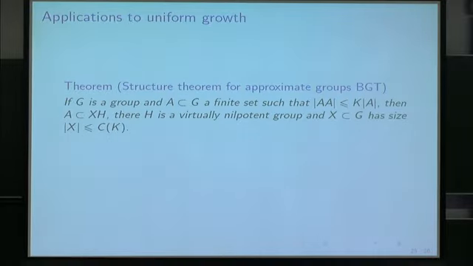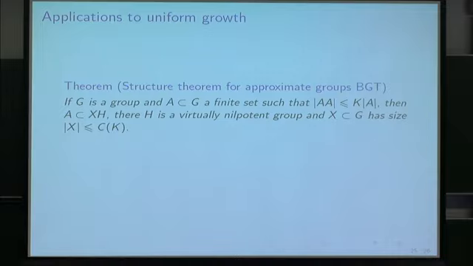And indeed, there is a generalized Margulis lemma, which follows from this classification of approximate groups theorem by Green, Tao and me a few years ago. I'll remind you of the statement briefly.